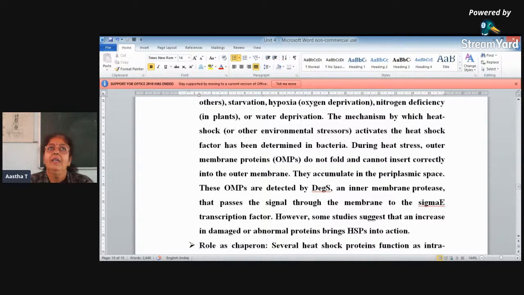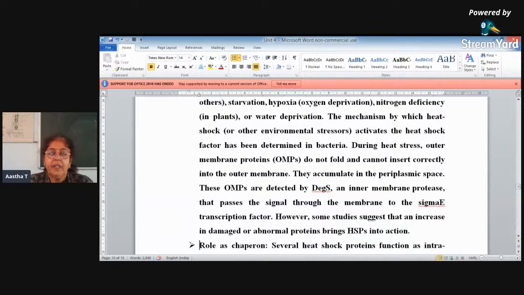You know very well where the sigma factor acts: it binds to RNA polymerase. Unless and until sigma factor binds to RNA polymerase, the holoenzyme will not be formed. RNA polymerase will remain inactive. Sigma factor is essential for holoenzyme formation, and that is why we call it the factor essential for initiation of transcription.